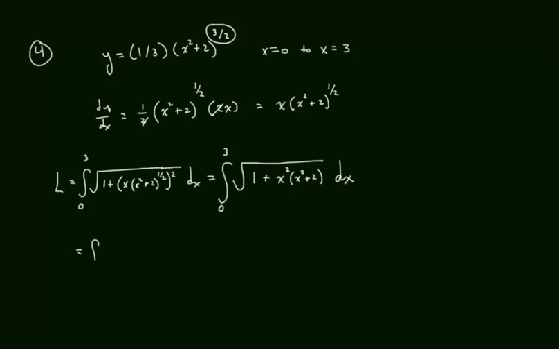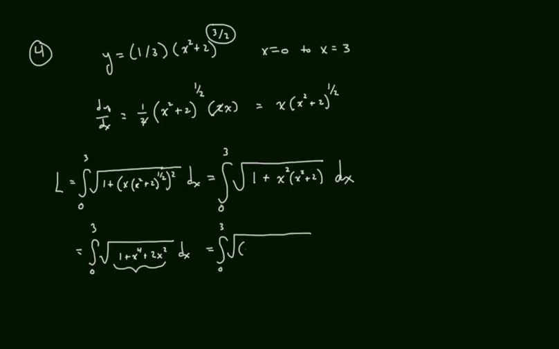Continuing on, the integral from 0 to 3 becomes the square root of 1 plus x to the 4th plus 2x squared dx. Here's where the real cleverness comes in. You may or may not have recognized this to be a perfect square.